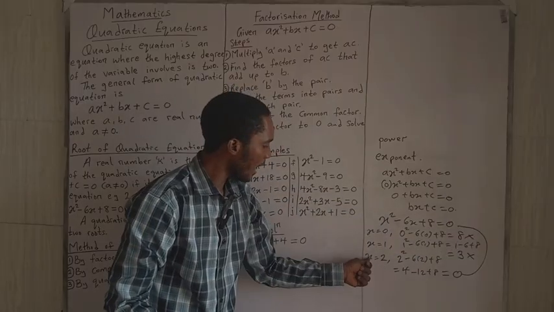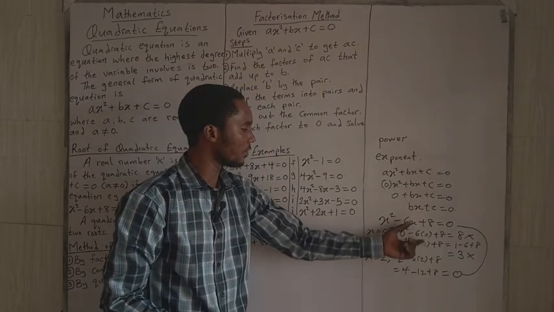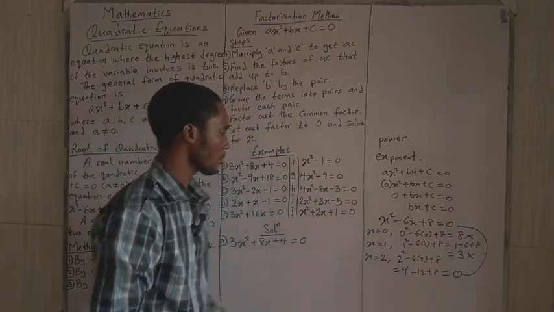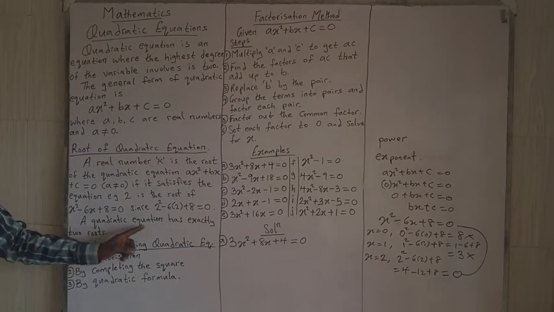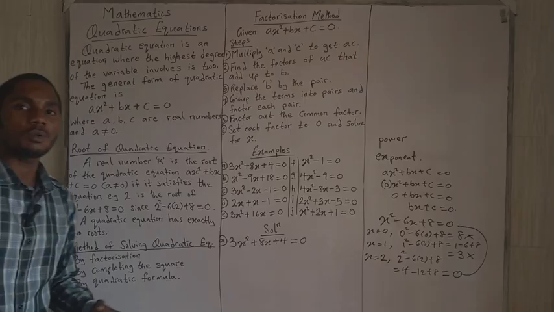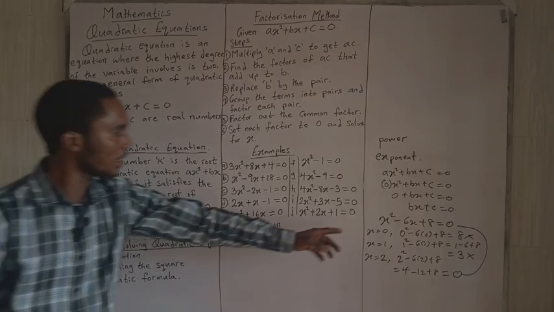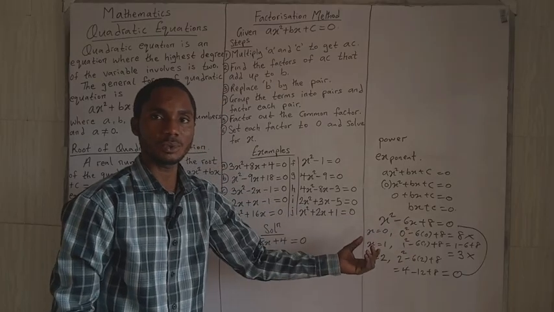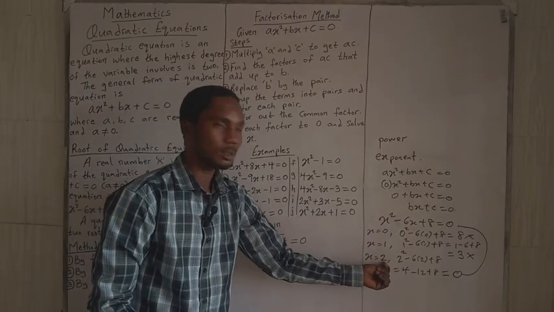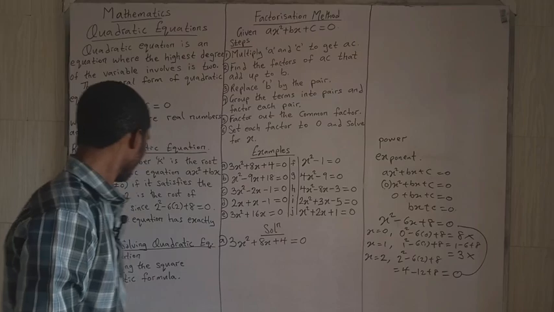That means x equals 2 is a root of the quadratic equation. We then continue: a quadratic equation has exactly 2 roots. Any given quadratic equation always has 2 roots. For x squared minus 6x plus 8 equals 0, we have 2 roots. One of the roots is x equals 4.